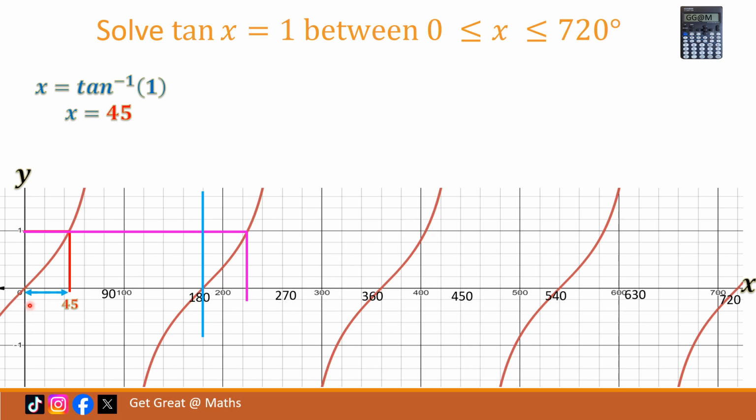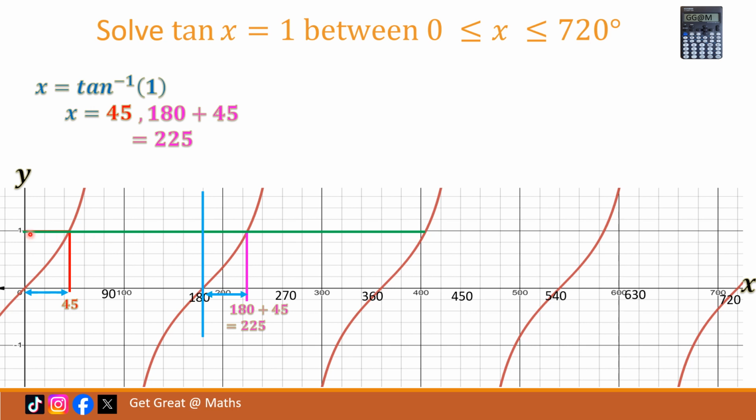So the gap between 0 and 45 is 45 degrees. That means the gap between 180 and this pink line is also going to be 45 degrees. So to find my second angle on the tan curve, it is 180 plus the first angle, in this case 45, which is going to give me 225 degrees. So my second angle is 225 degrees.